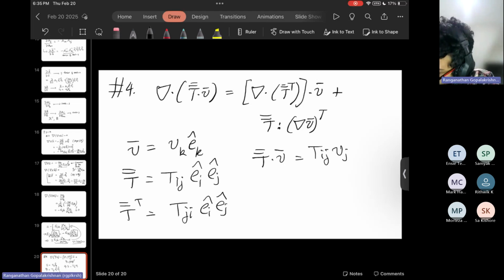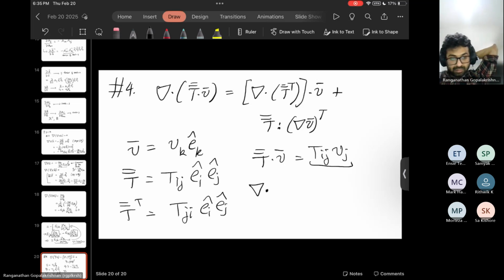And then you want to do the divergence of this quantity. Is this a vector or a tensor? T_ij V_j, is that a vector or a tensor? Hello? Vector. That's a vector, right? It has only one non-repeating index, i, right?